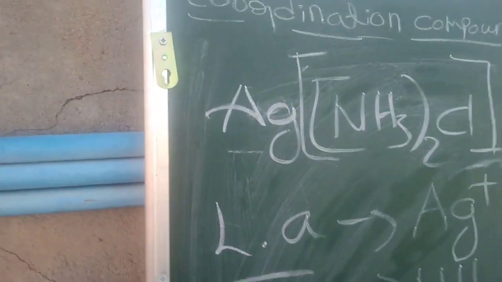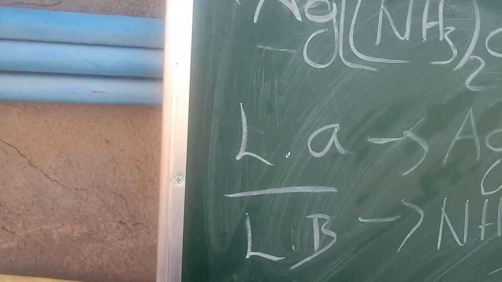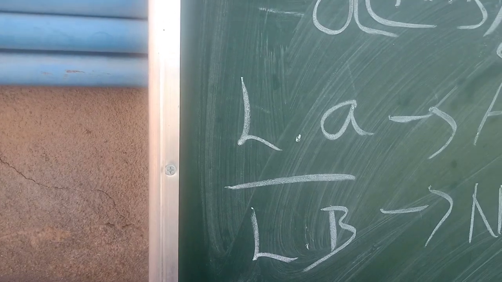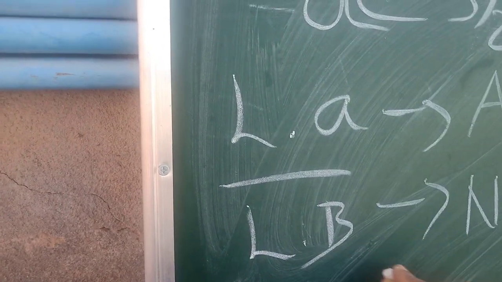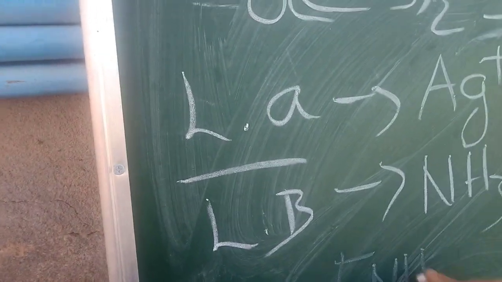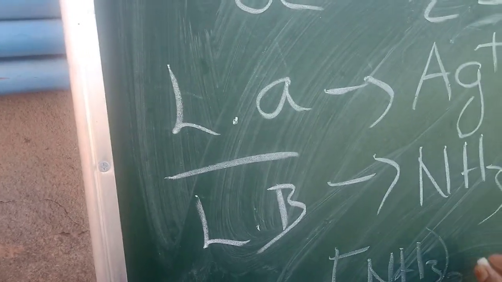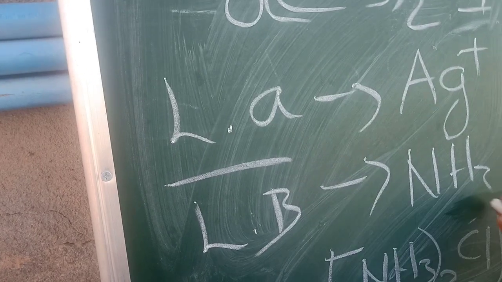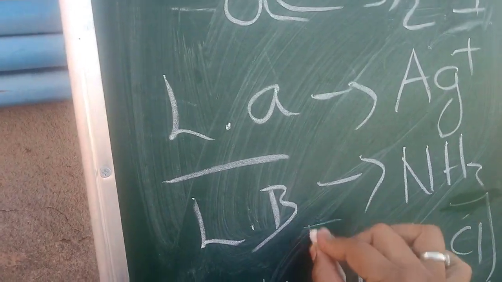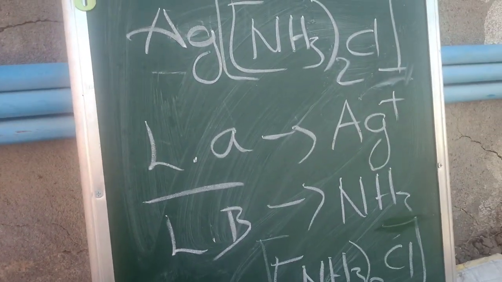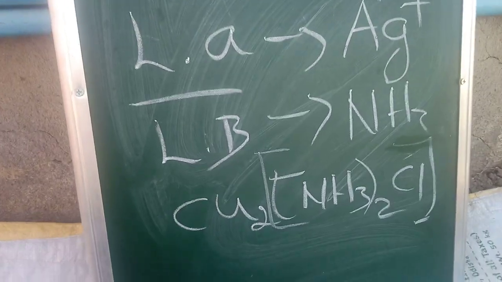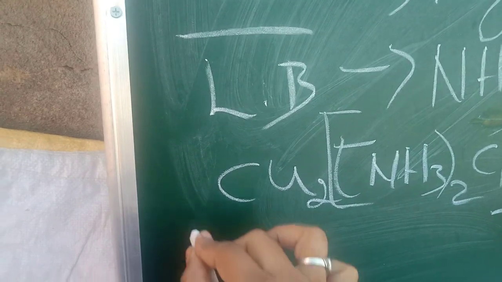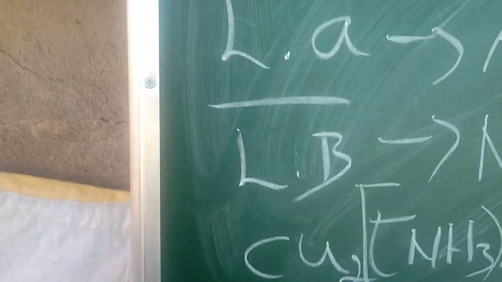In a similar way we can take another example, Fe(CN)6, with Fe2+ acting as the Lewis acid.